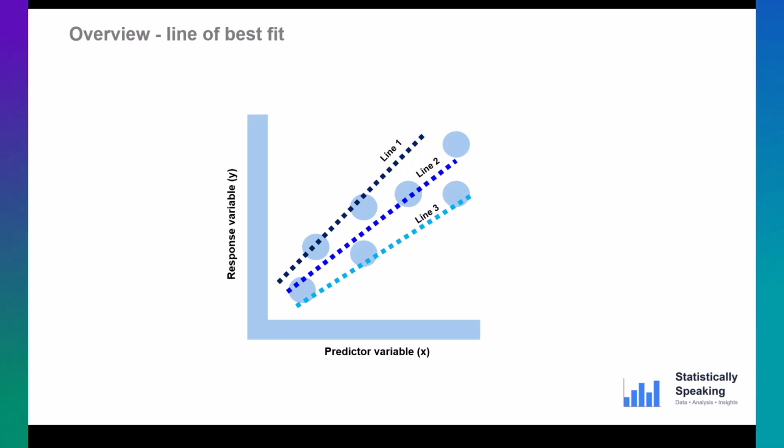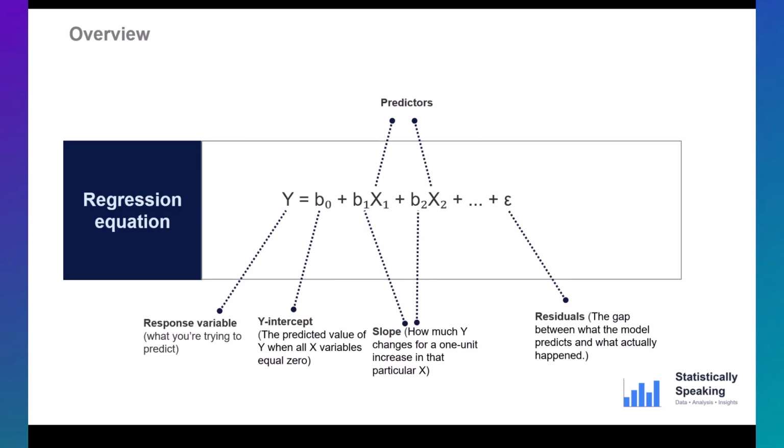What Minitab and all the other statistical packages do is they calculate the best fit line using the least squares method, and that's the method that minimizes the squared distance between the line and all the data points that you're seeing plotted here. So the line that minimizes the distance, that's the best fit line, and regression basically uses that line to come up with a model, right? All of this will become really clear when we are actually doing the analysis. So stay with me for just a few more minutes before we actually jump into Minitab.